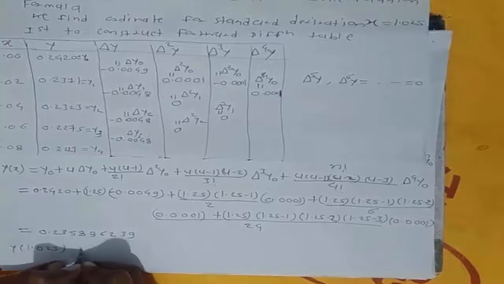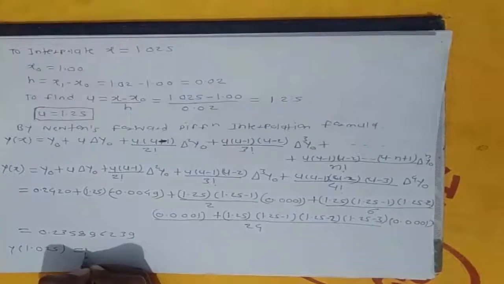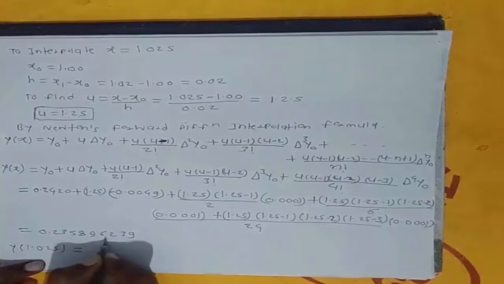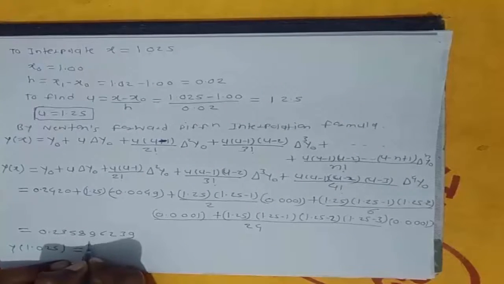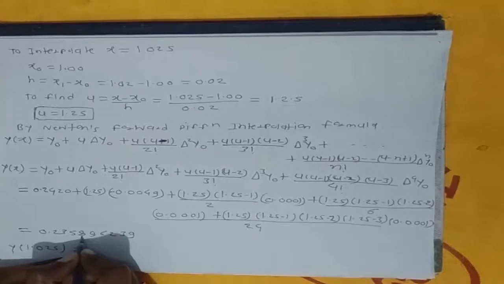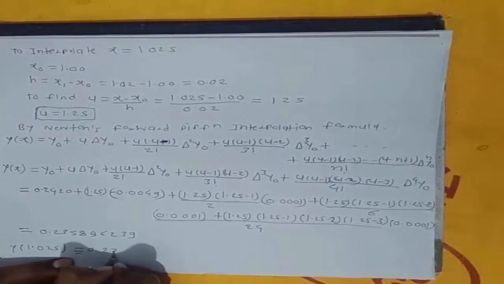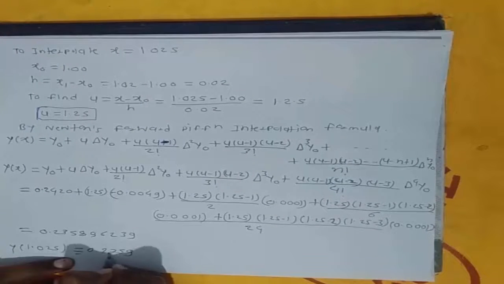Okay, and so we have x here as 1.025. So we have y of 1.025 is equal to, if we convert this approximate number up to 4 decimal places, the 4th digit will be 8 and the 5th digit will be 9, that is greater than 5, so this 8 becomes a 9, so we get 0.2359.